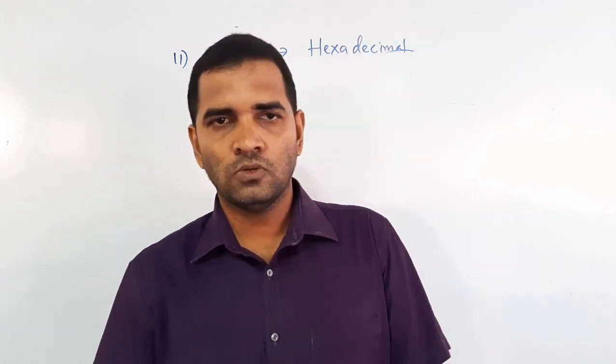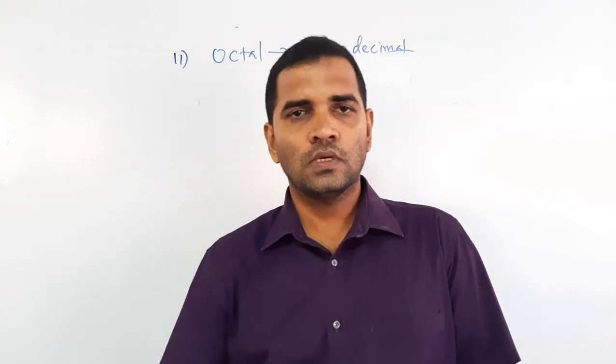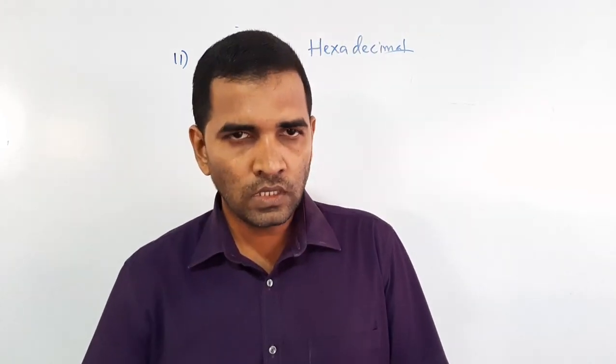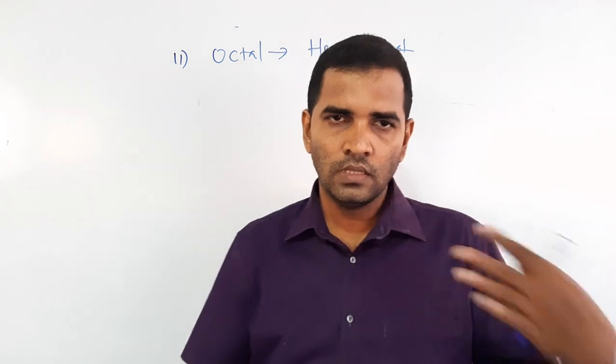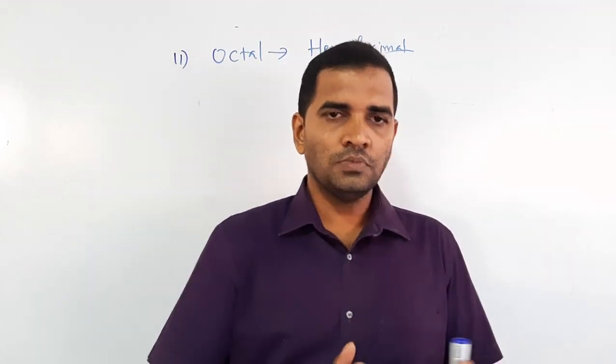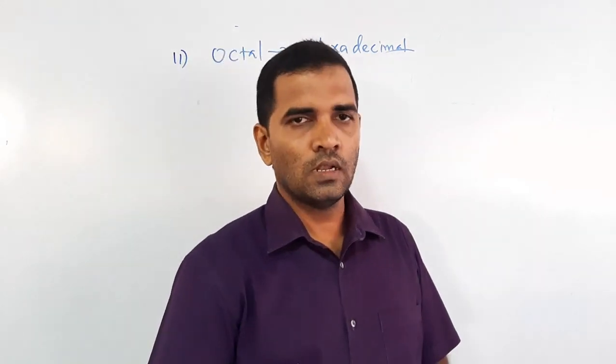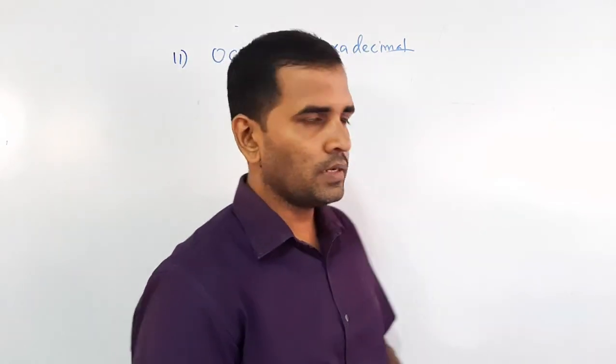There is no issue at all. I think your book recommends the second method, converting octal to binary, then binary to hexadecimal, right? With this description, let's convert octal to hexadecimal.